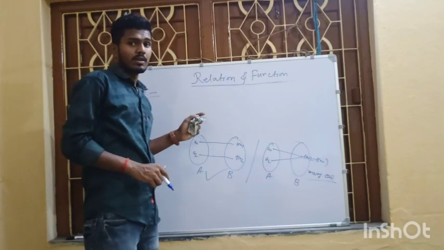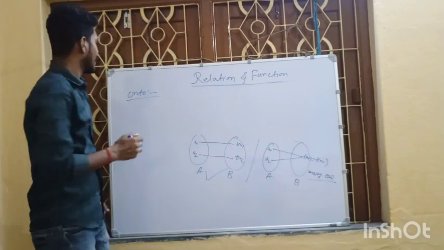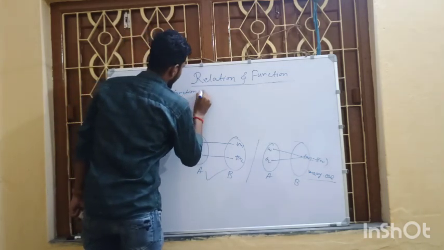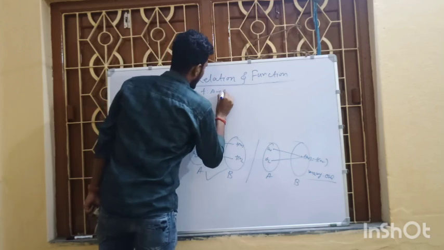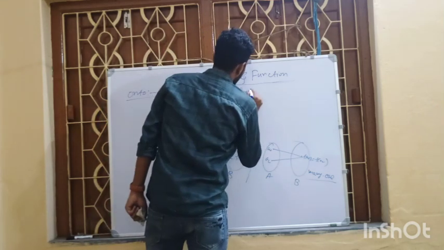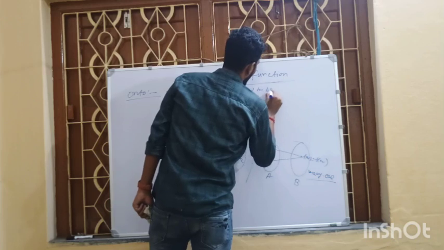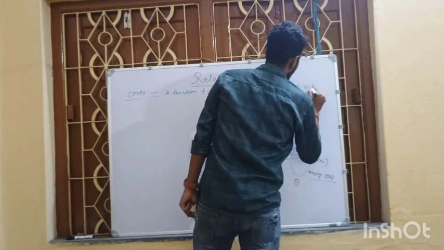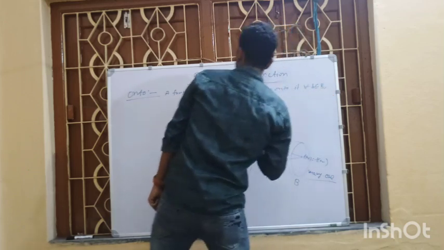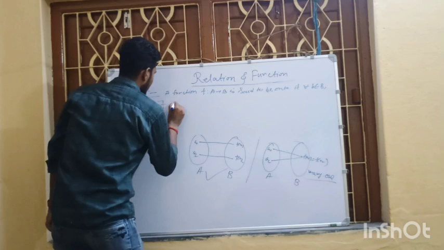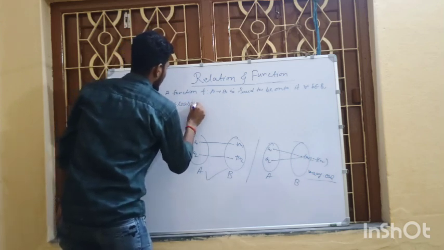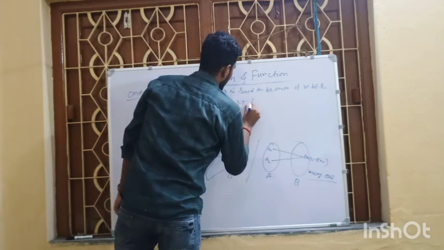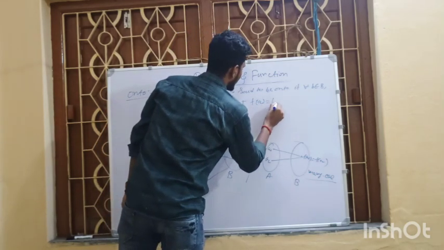Okay, so here is our onto function. A function f from A to B is said to be onto if for all elements b belonging to B, there exists at least one a belonging to A such that f of a is equal to b.